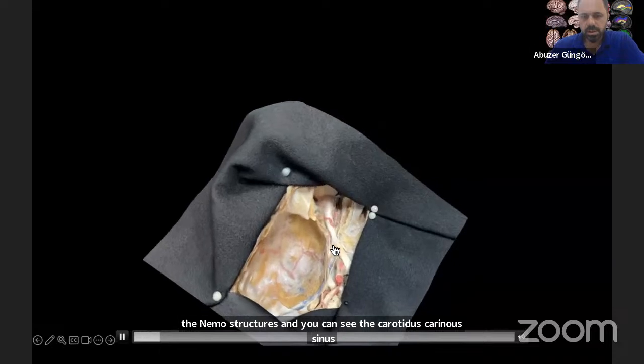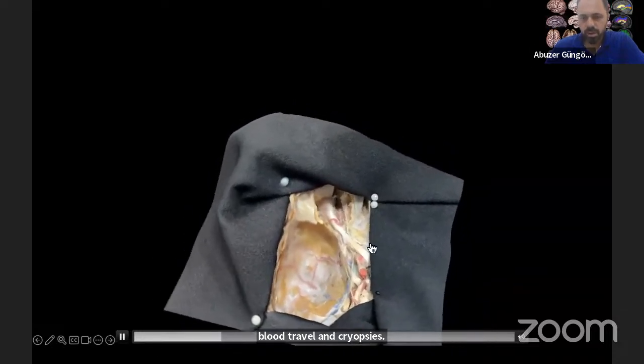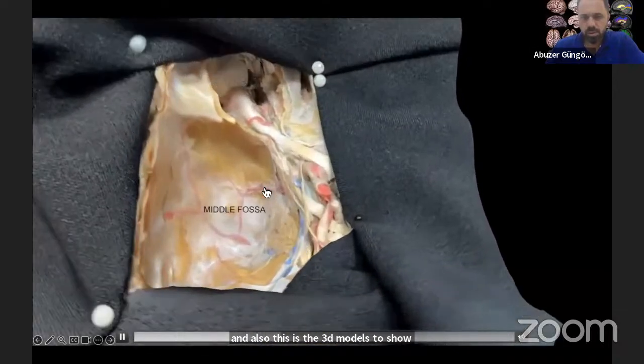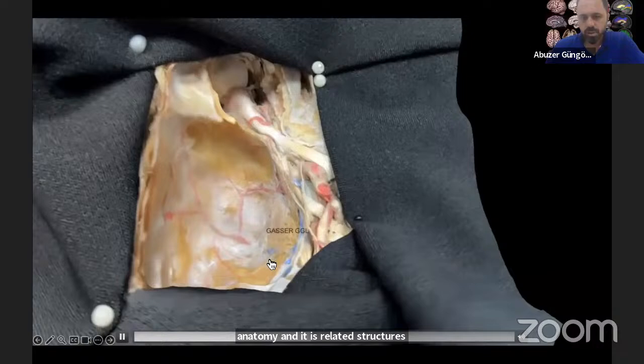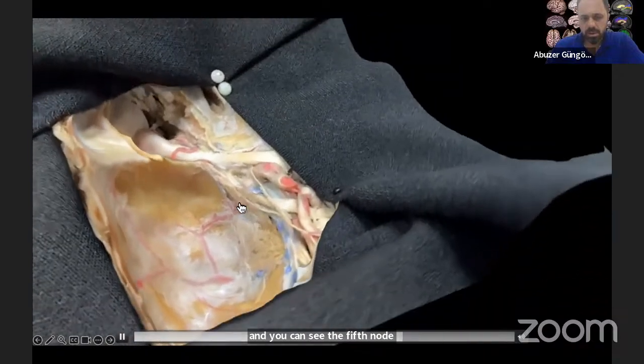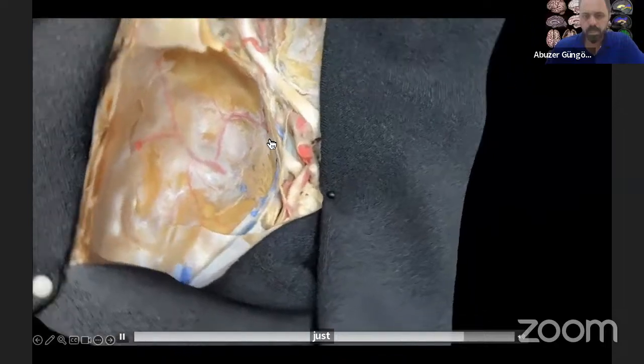And also these are 3D models to show middle fossa anatomy and its related structures. We are coming closer. This is the middle fossa, and you can see the fifth nerve here, with the cavernous sinus located just anterior to the middle fossa.